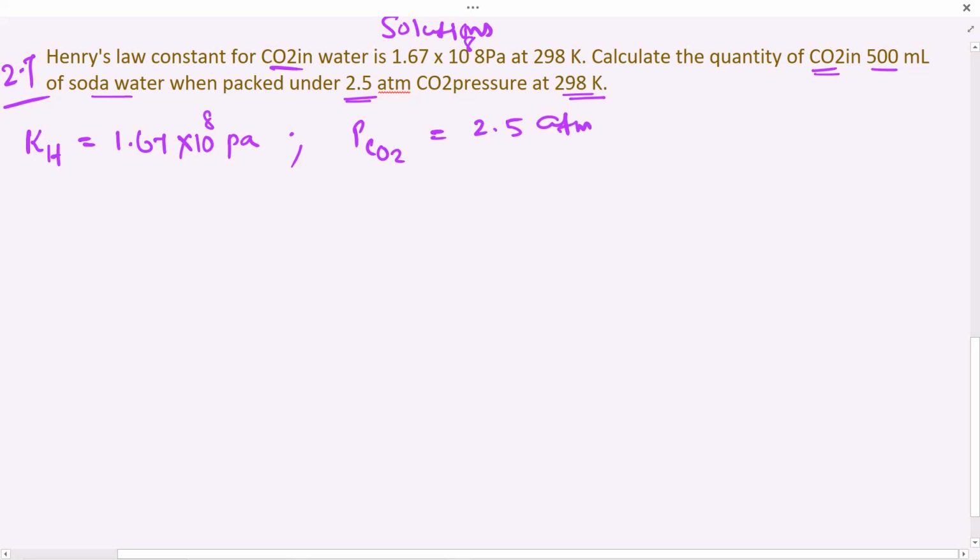And we have to calculate the quantity of CO2 in 500 ml of soda water. Here they had given the volume of soda water, 500 ml.